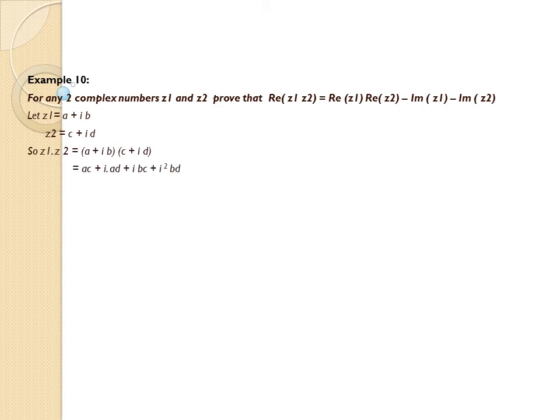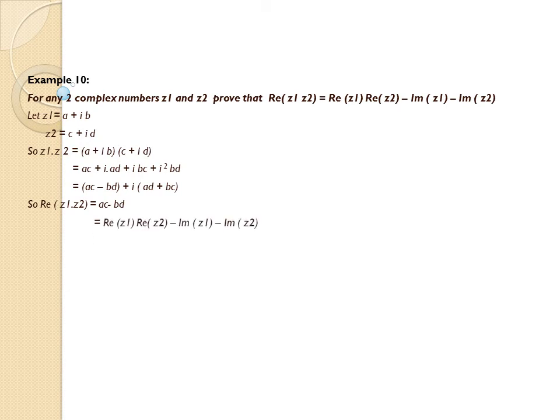That means ac plus i into ad plus i into bc plus i square bd. That means ac minus bd, because i square equal to minus 1, plus i of ad plus bc. So real of z1 z2 means ac minus bd, because I am just comparing real and imaginary parts.